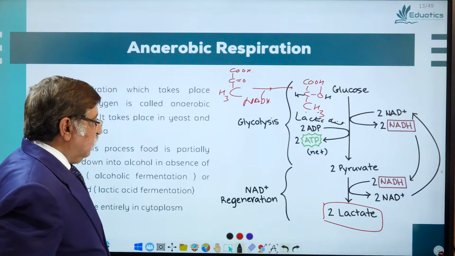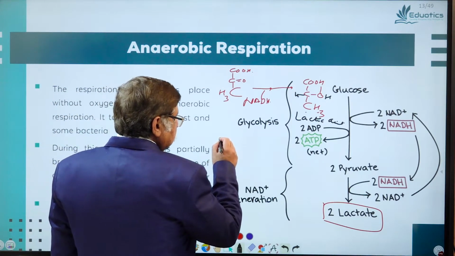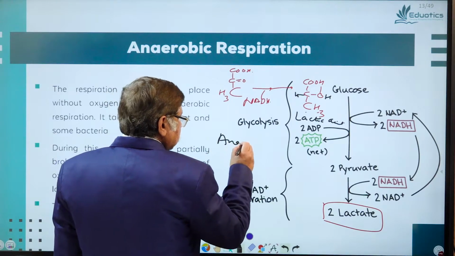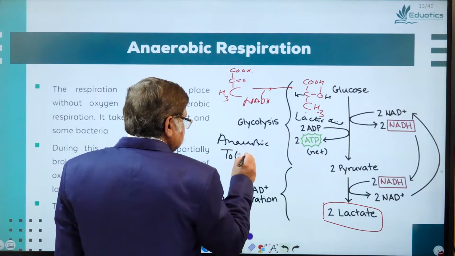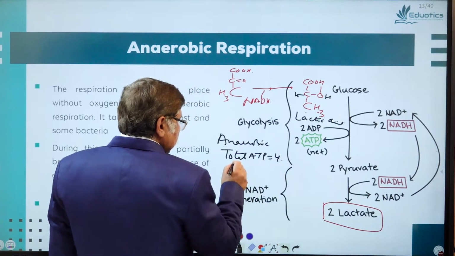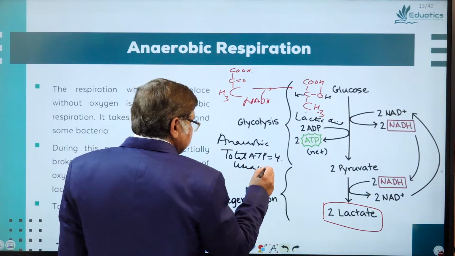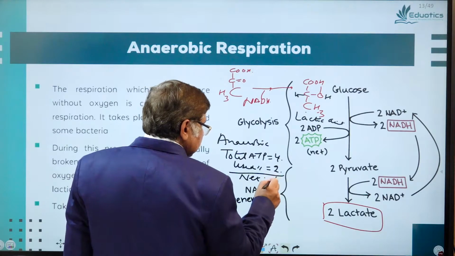Whether it is fermentation or simple anaerobic respiration, total ATP will be 4 and used ATP will be 2. So net ATP produced will be 2.